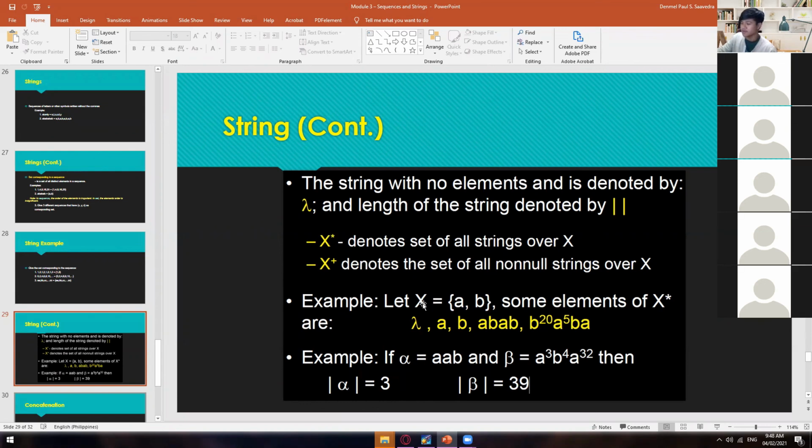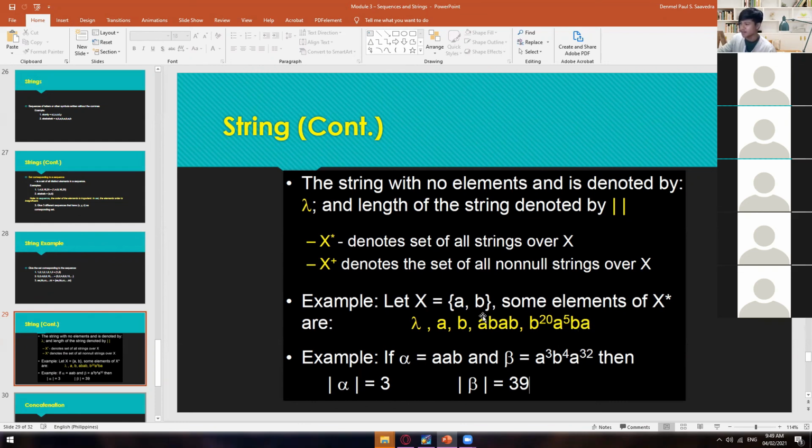From here we could say that we have the empty set, or the null set in set operations, or lambda, and then we have a, and then b, and then b raised to 20, a raised to 5, and then ba. If you're going to take a look at this one, all of these can be inside of this set, no matter how many a's or how many b's you have. So we have 20 b's, we have 5 a's, and then 1 b followed by 1 a. And then we have ab, which is just the same as this one.